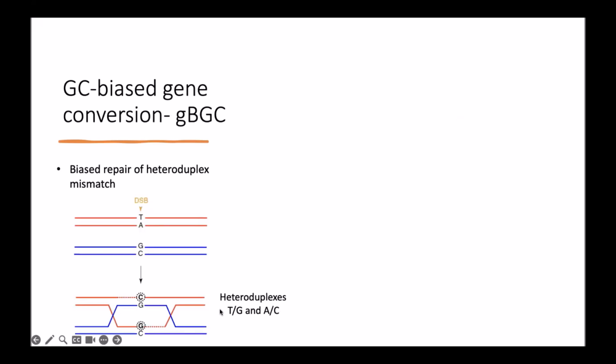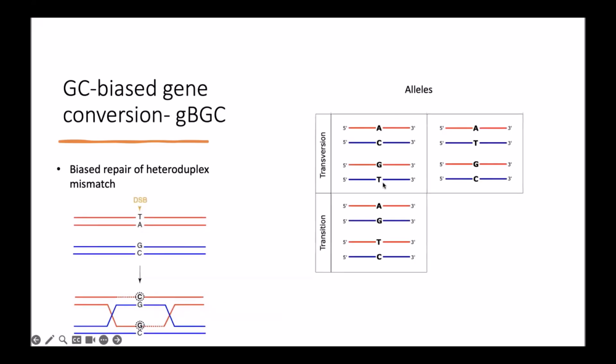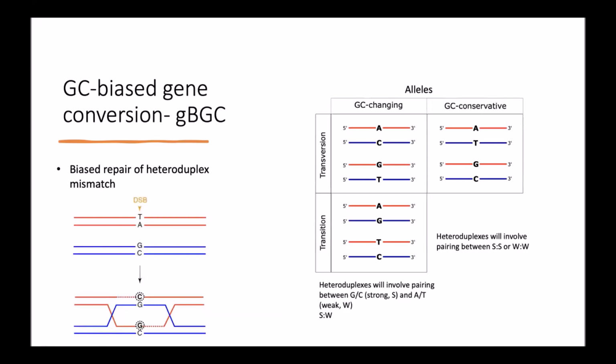And during GC-biased gene conversion, these heteroduplexes will be biased towards the fixation of the C and the G. This is one example of polymorphism, but we can have 6 different combinations of our parental alleles, 4 of them being transversions and 2 of them being transitions. But most importantly, depending on the heteroduplexes they form, we call them GC-changing and GC-conservative.